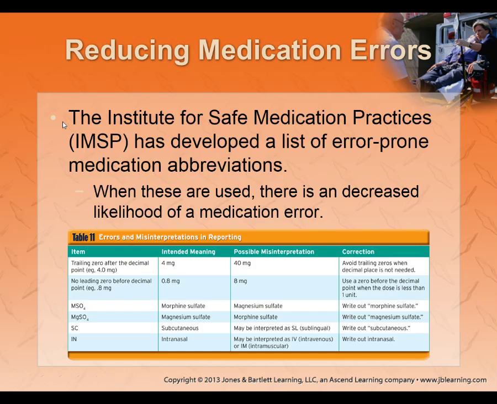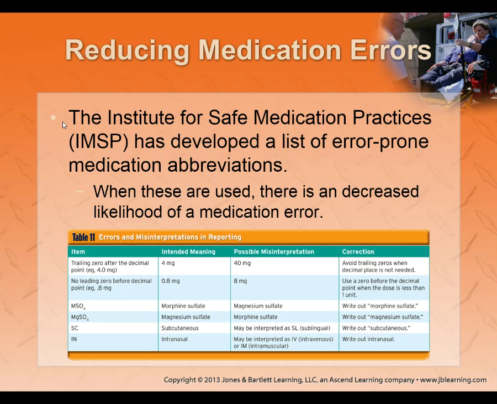And other ways to reduce medication errors. There is the Institute for Safe Medication Practices. It develops a list of medications that are prone to be given inappropriately simply due to the way they're written. Once again, we don't use trailing decimals like 4.0.